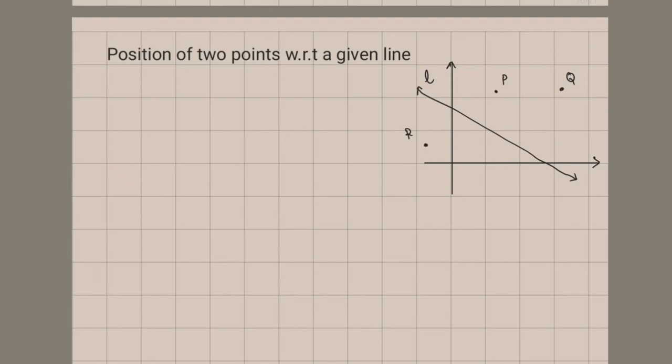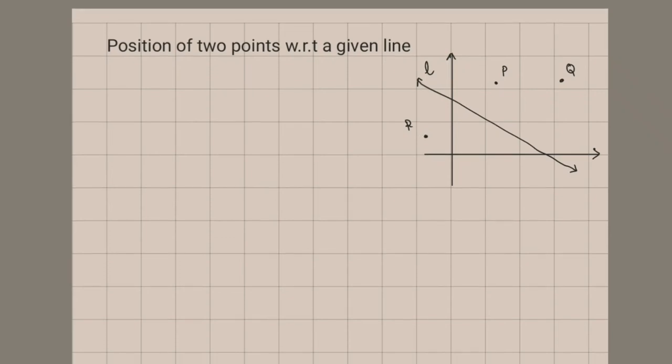So we need to find if the given 2 points are on the same side or on the opposite side. From the previous result, we can directly say that, let's say this is some x1, y1, this is some x2 comma y2.